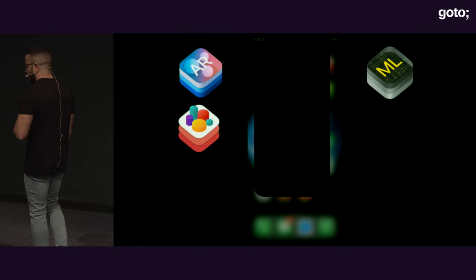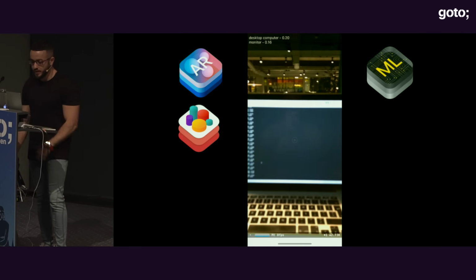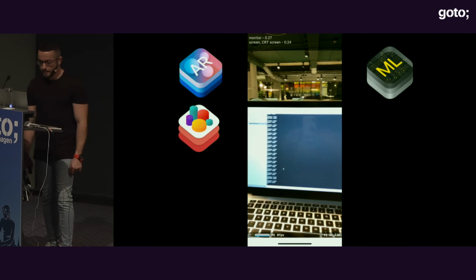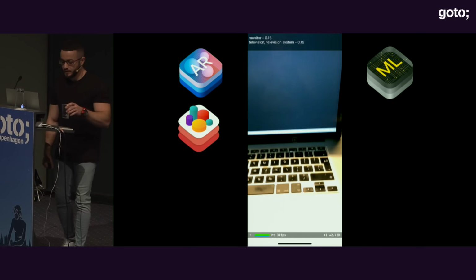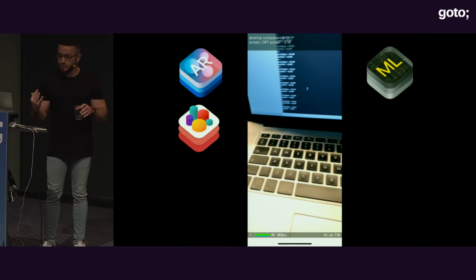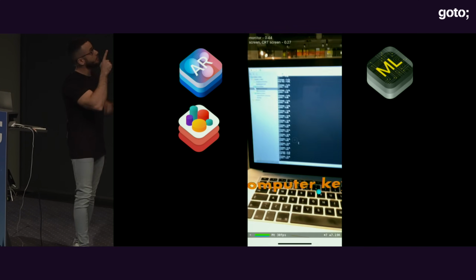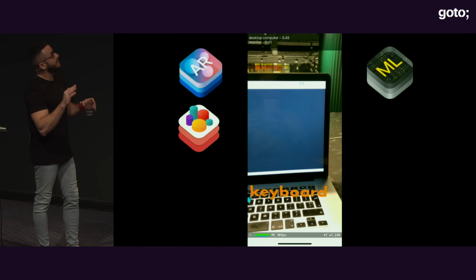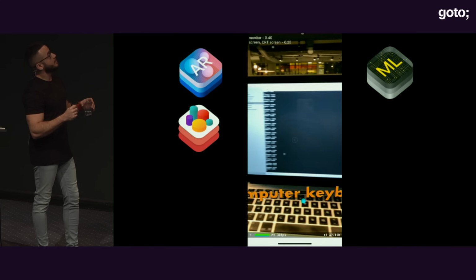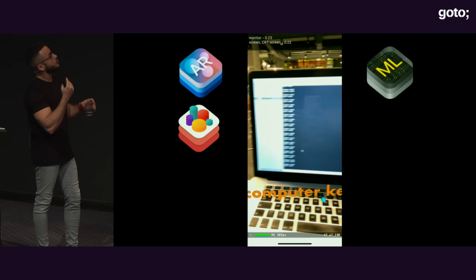If I run this code, this is the first demo that I showed at the beginning of the talk. What's happening is CoreML is trying to understand what's behind the camera. If you look at the top, you will see the label, and it's a little bit shaky, it's not stable. Now it says monitor, which is good.